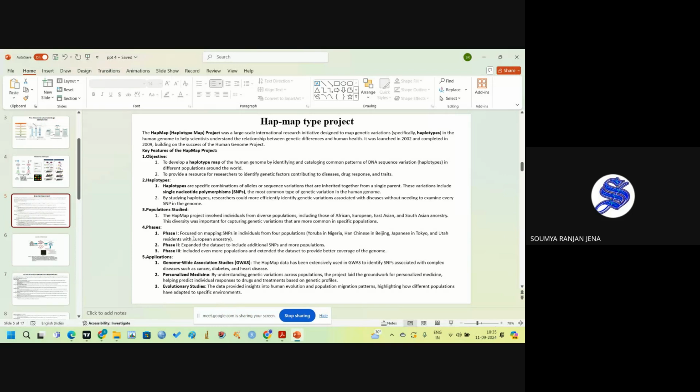By different phases. Phase 1 focused on mapping SNPs in individuals from four populations: African, European, East Asian, and South Asian.